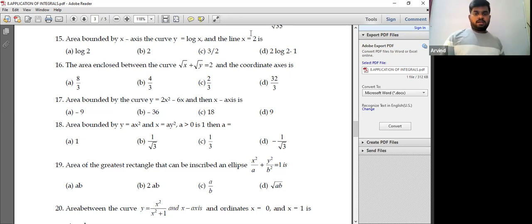See, for this, I'll help you out how to find the upper limits and lower limits. Just observe root x plus root y is equal to 2.